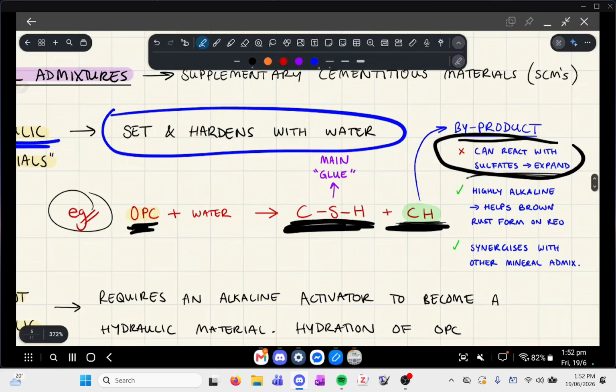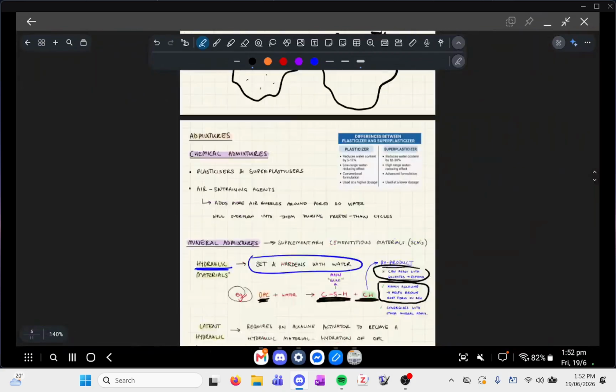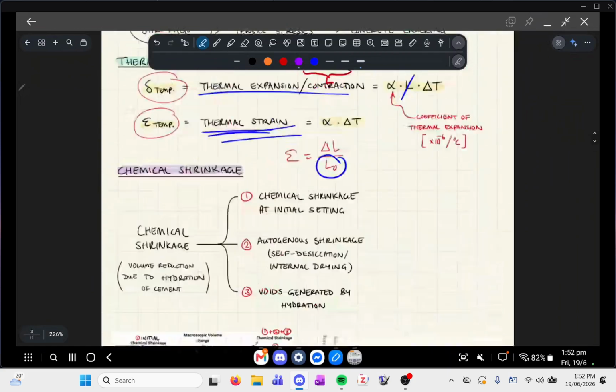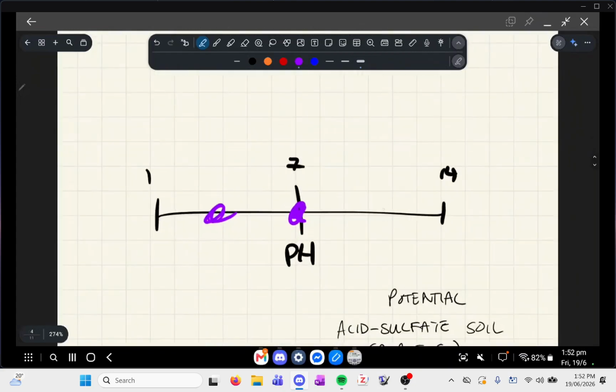However, it does have some upsides. One thing is that it's highly alkaline. So again, something that I mentioned last week is that we've got a pH scale. Water's at like 7. Something acidic would be over here. And something like fresh concrete is over here, right?